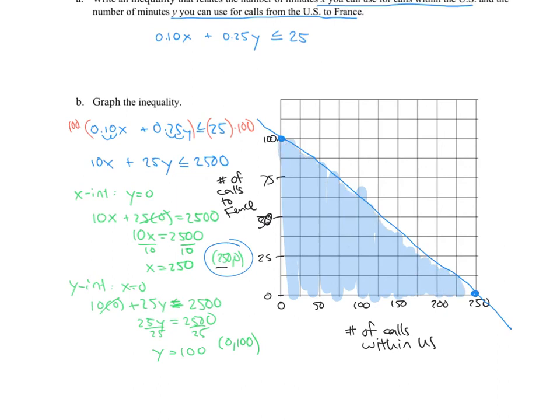Also, since I want the amount I spend to be less than $25, it makes sense to shade below the line where you have fewer calls. So if you have a number of calls that's not in that shaded region, then that would not be within the amount of money that you could spend.